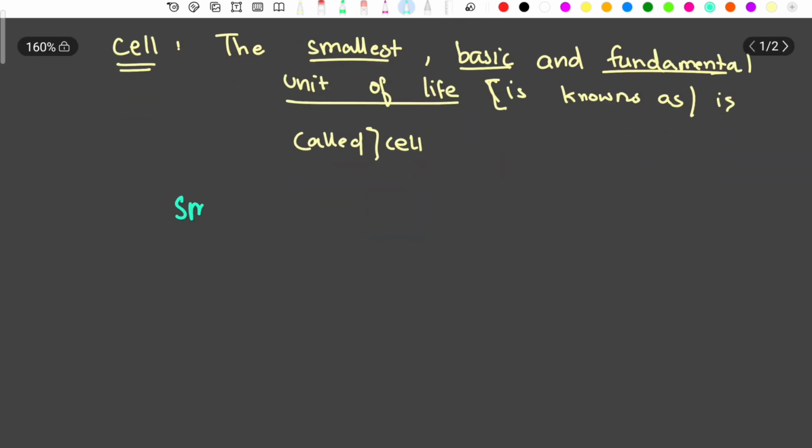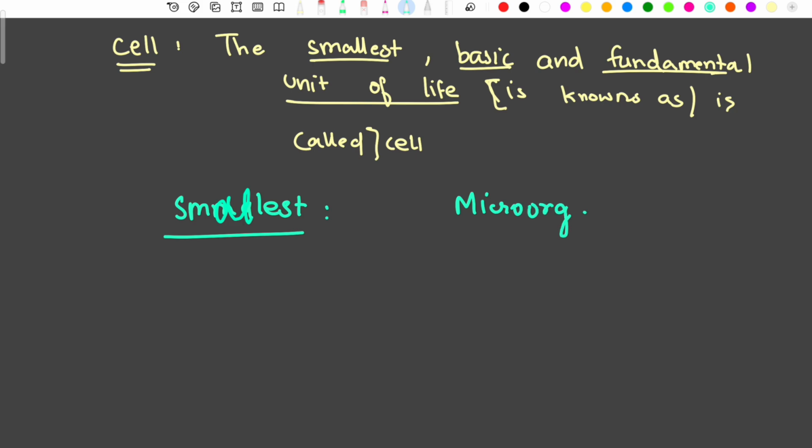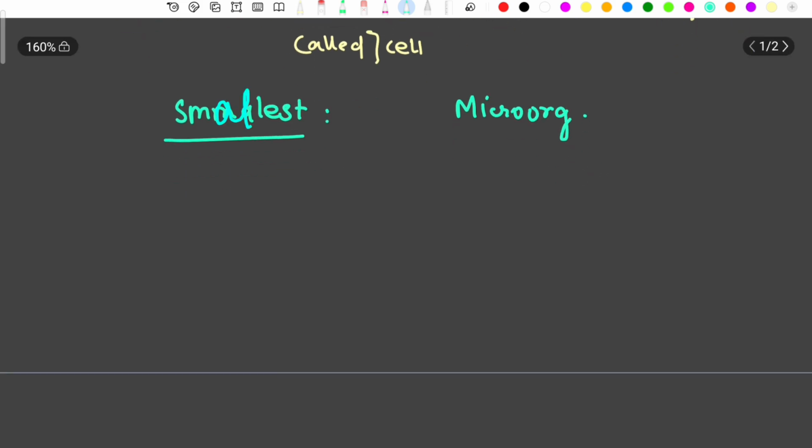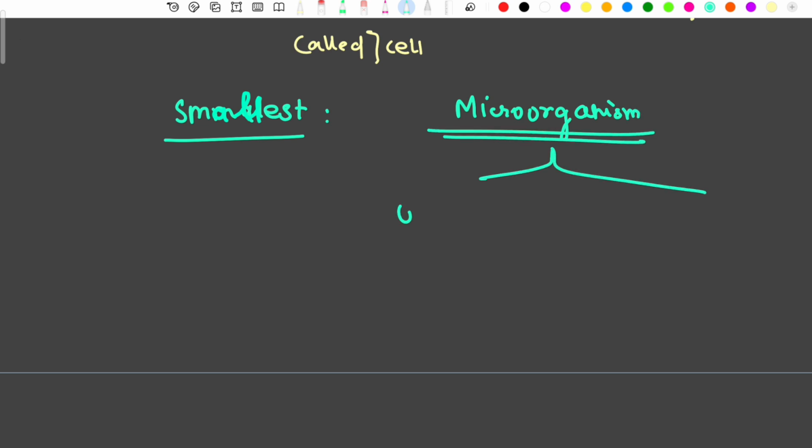Smallest: even if I talk about microorganisms, there are two types of organisms on the basis of cell number, unicellular and multicellular.